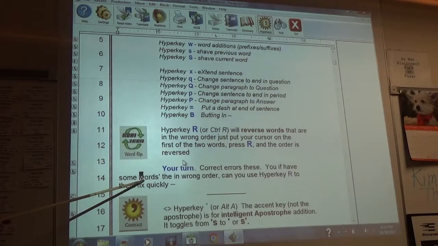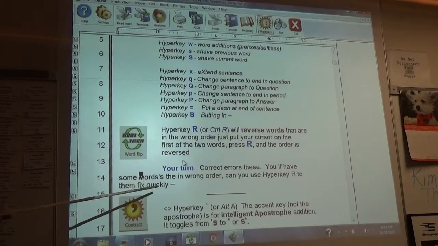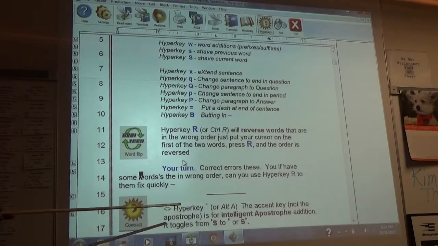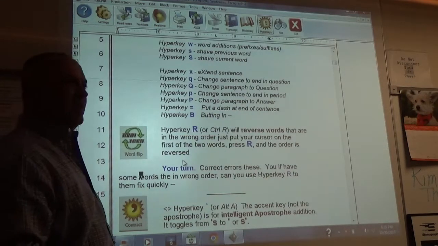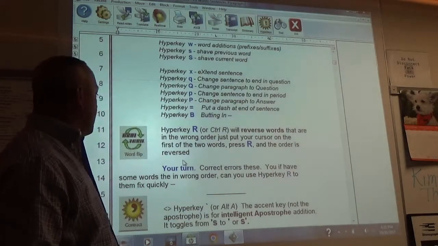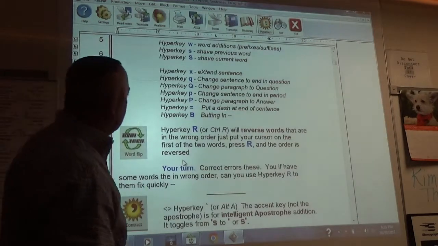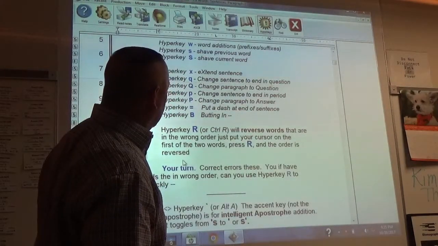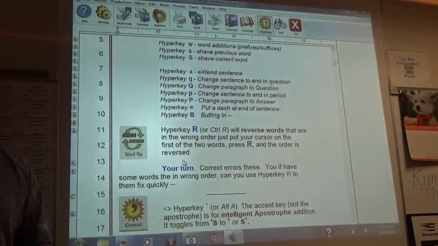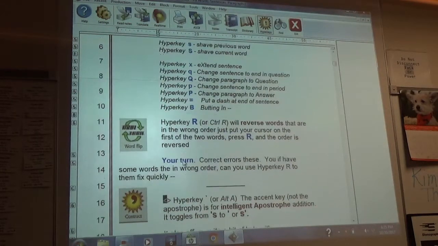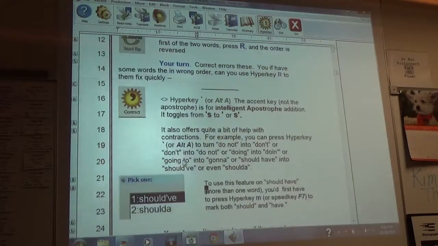So now if it's a possessive with a word that already ends in S, and you do it again, it'll do S apostrophe S. I did it on families. Did it do it? Where is it? It's on paragraph 24, go to line 24.